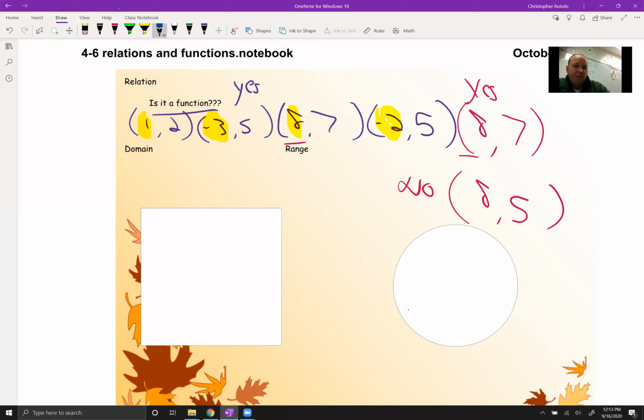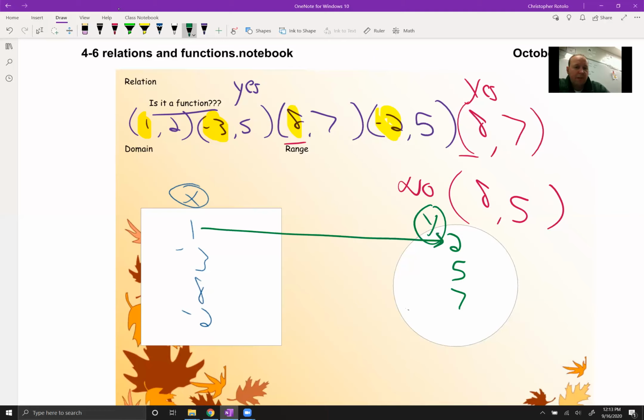Okay, so my map, my domain values, I'm going to put in here, right? So these are my x's, 1, negative 3, 8, negative 2. And my range values were 2, 5, 7, and I already have a 5 in there, so I don't need it. So the map physically shows these arrows going from the x's to the y's. So we have 2, right?